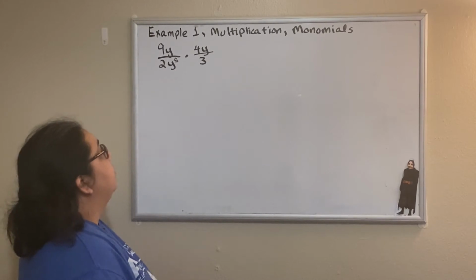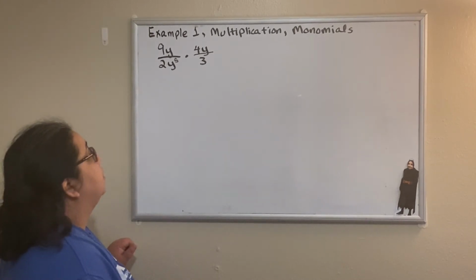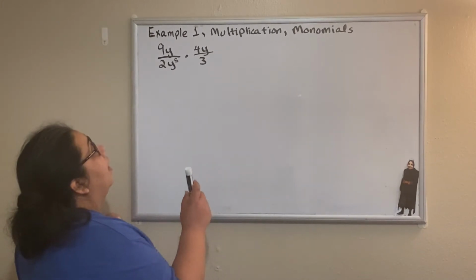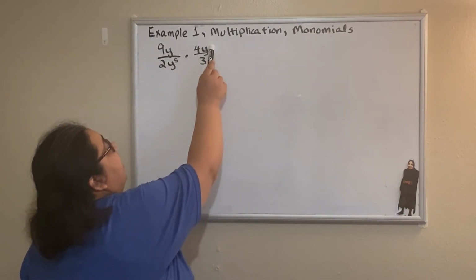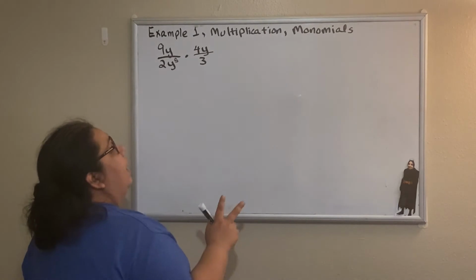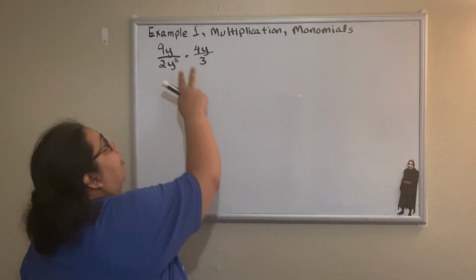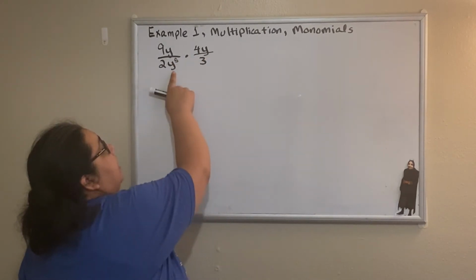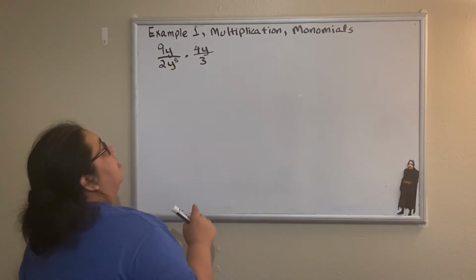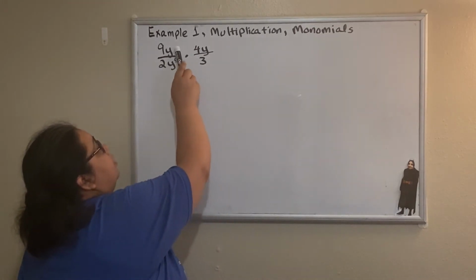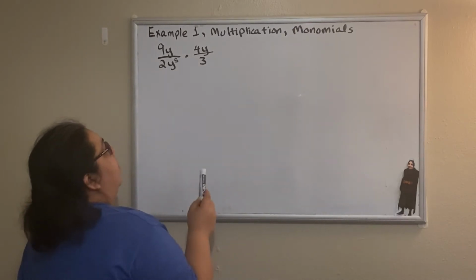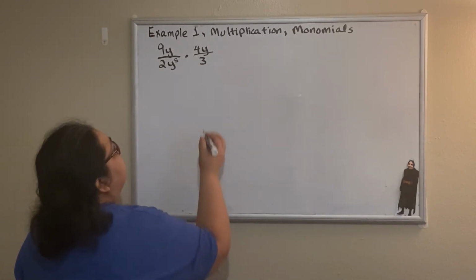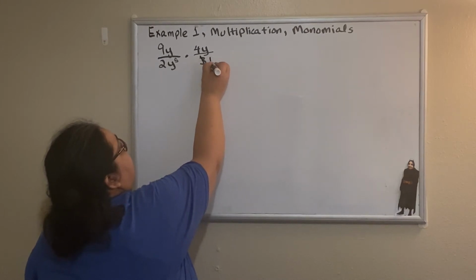Now, another thing you can do is reduce a variable. Here I have a y, and here I have a y. So I have y to the second overall in the numerator, and here I have a y to the 5th. So I can reduce all of these by y. So let's go ahead and reduce. First, we're going to reduce this 3 by 3, and we get a 1.